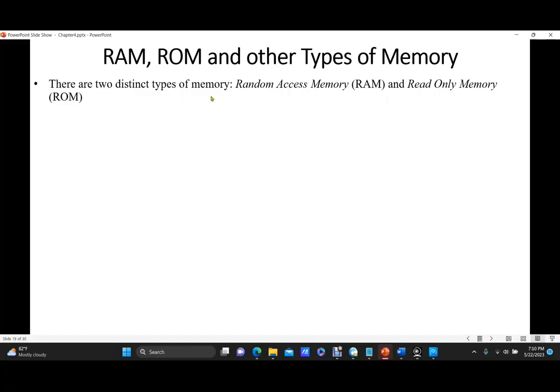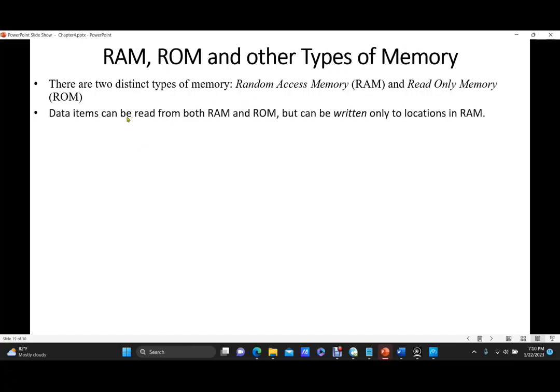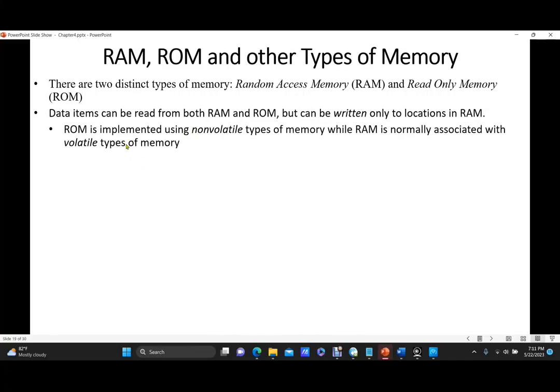There are two distinct kinds of memory, random access memory and read-only memory, RAM and ROM. Data items can be read from either RAM or ROM, but you can only write data into RAM. ROM is implemented using non-volatile memory.